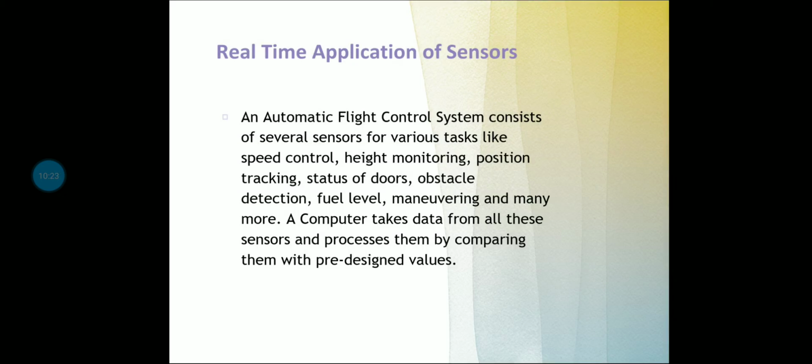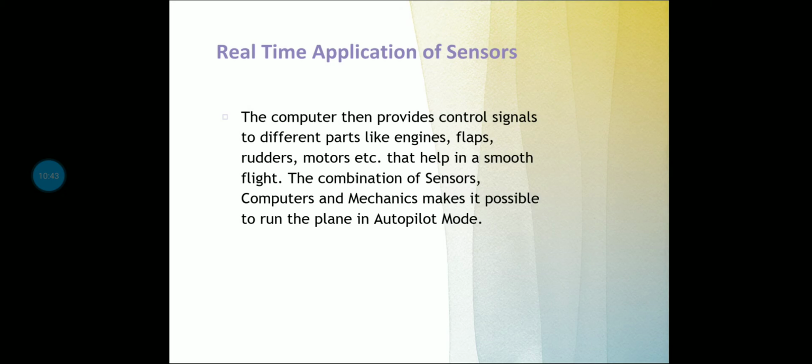In the real time application, an automatic flight control system consists of several sensors for various tasks like speed control, height monitoring, position tracking, status of doors, whatever. A computer takes data from all these sensors, processes it, comparing it with pre-designed values. Then the computer provides control signals to different parts like engine, flap, radars, motor, etc.